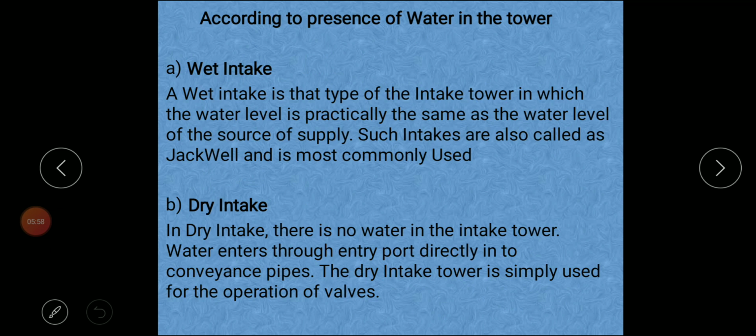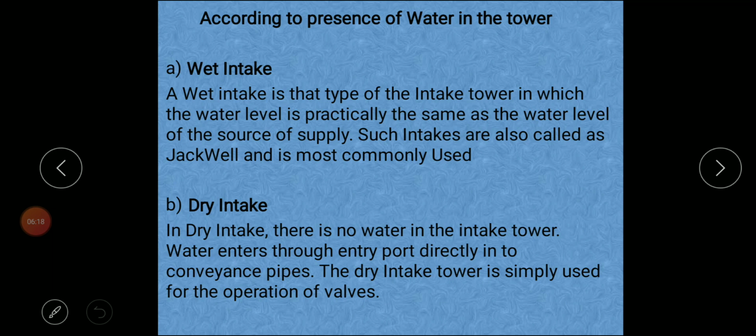According to the presence of water in the tower. First, the wet intake. A wet intake is the type of intake tower, always circular in shape, in which the water level is practically the same as the water level of the source of supply.